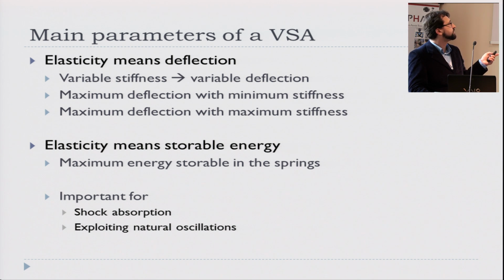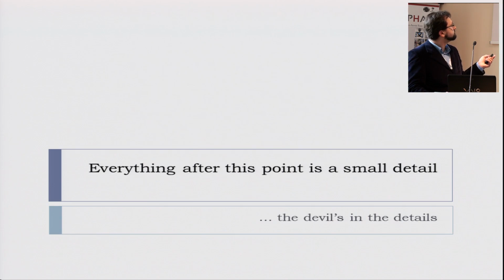If the spring was linear, you could just calculate it with a simple formula. But since in general these systems are non-linear, it's easier to have this number already calculated for you. So these are the most important figures of merit that you have to care about.